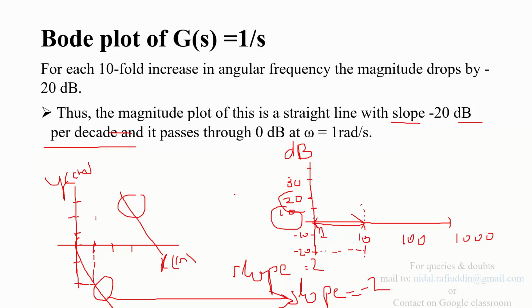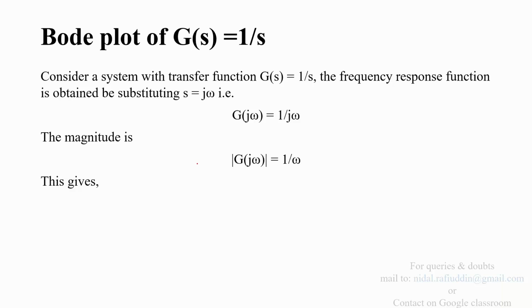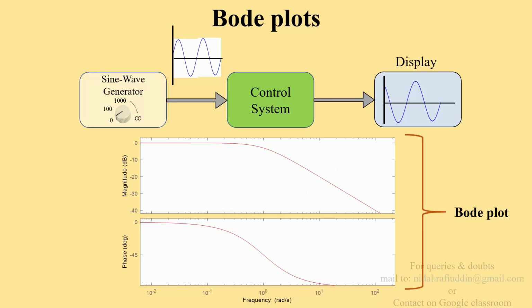So a line that passes through the origin, which is in fact not a 0 for the x-axis. In the case of the x-axis, you will never have a 0, because you're talking about a log scale. If you look at the graph that I showed you on the log scale, you see that 10 raised to the power 0 is 1, which means that following this 1, you have 10, and after this 10 you will encounter 100.